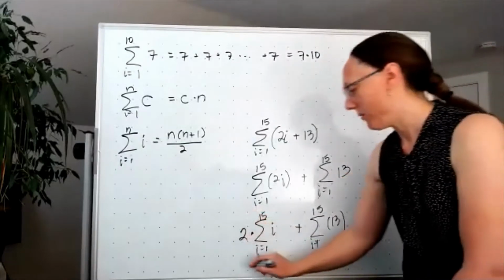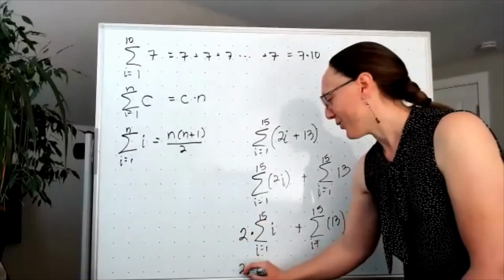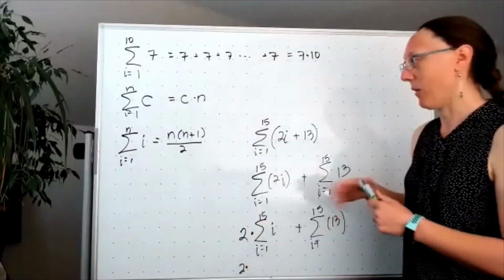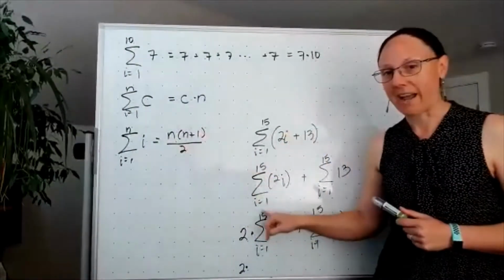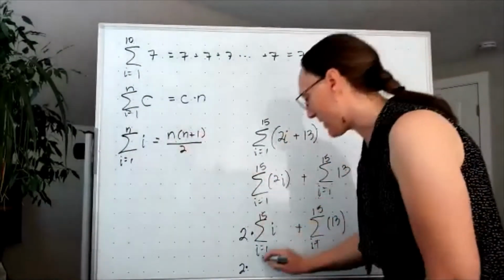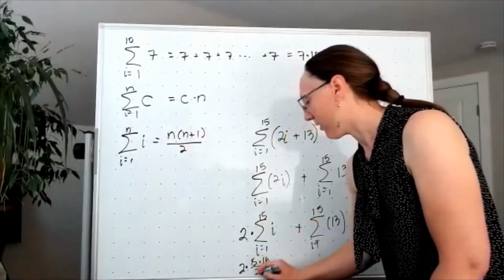So this one would become, man, I'm gonna squeeze it in, 2 times, and now our formula says to do n times n plus 1. Since our n is 15, that means I'm doing 15 times 16, whole thing over 2.